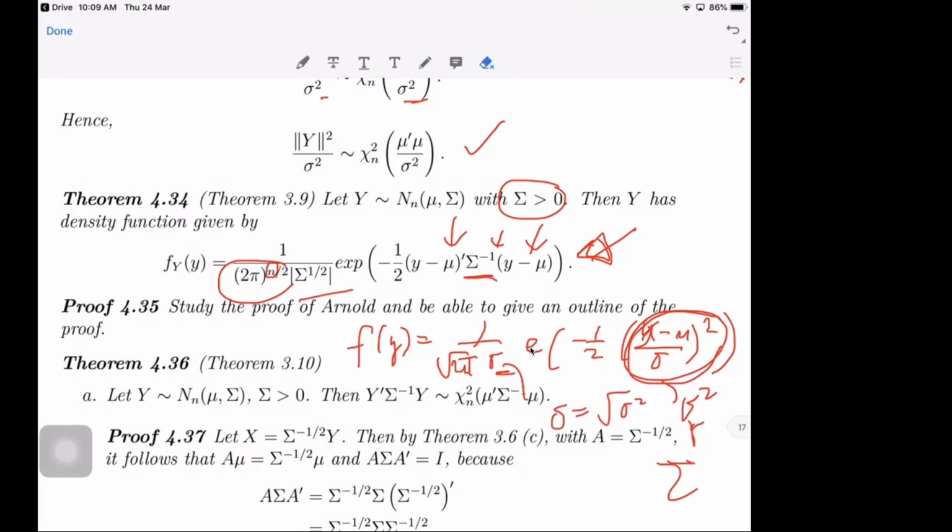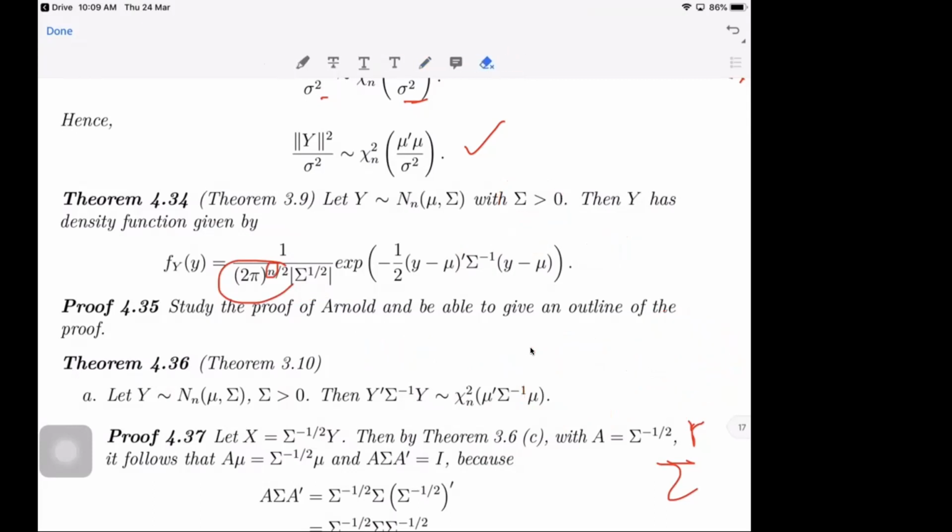So you can get this if you are familiar with the univariate counterpart, you just extend it to the multivariate counterpart, but this time in terms of matrix or vector notation.